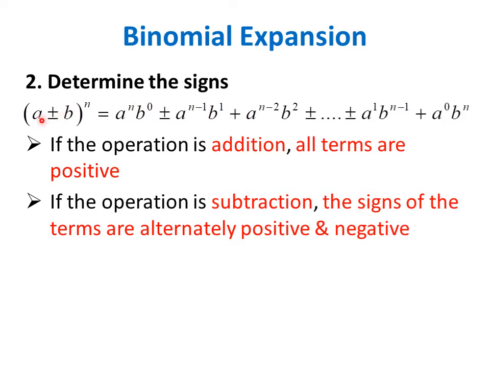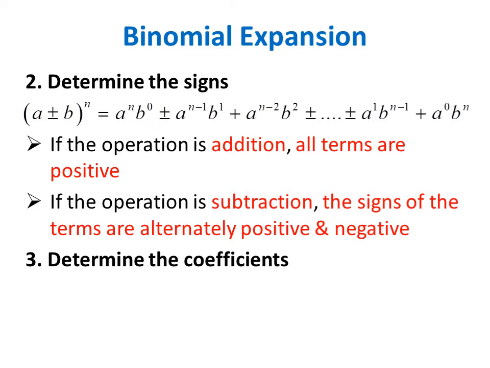So if the binomial here is a minus b, then again the first term is always positive, so plus. So the second term should be minus, third term plus, fourth term minus, and so on, until we reach the last term.